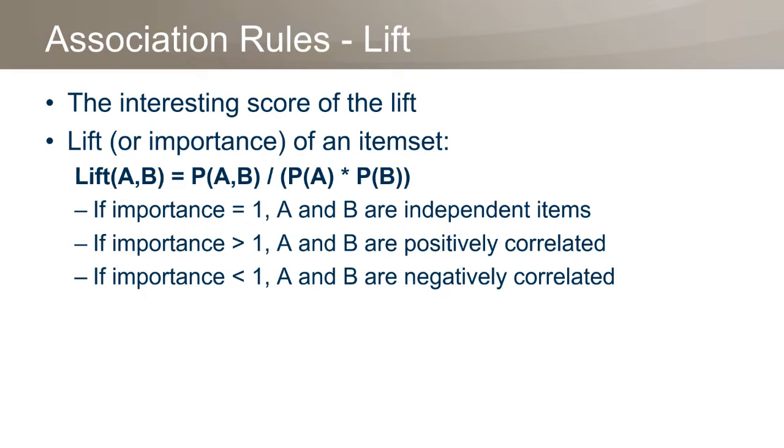So if importance equals 1, then it simply means that these are two independent items. If it's greater than 1, then two products are positively correlated. If it's lower, then they are negatively correlated. But also the bigger the lift or importance is, the stronger this correlation is.